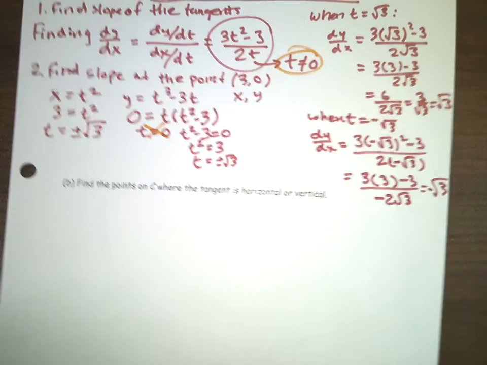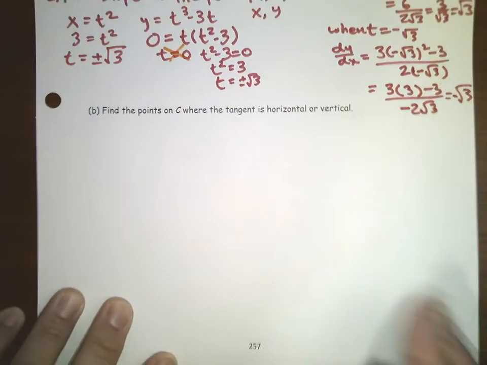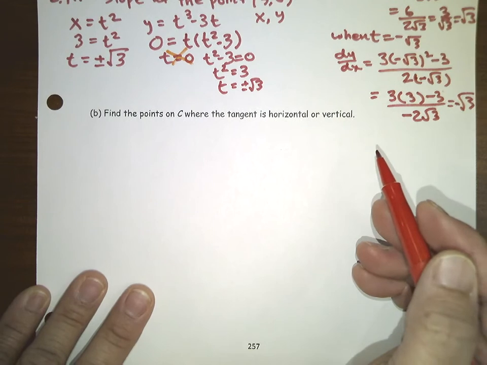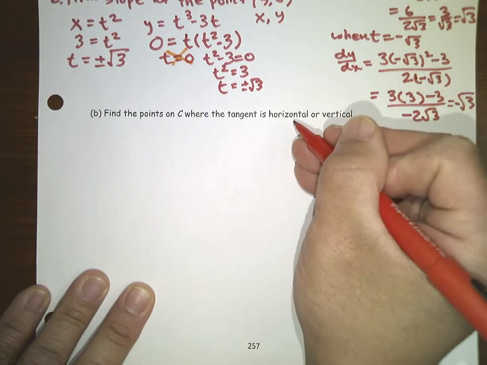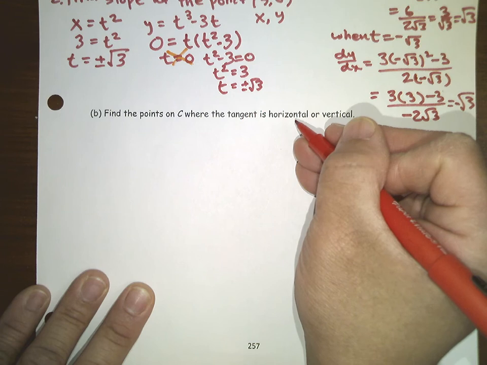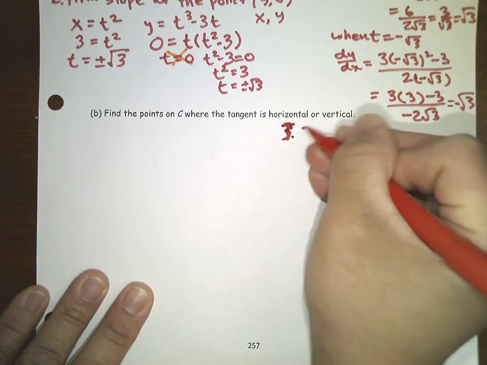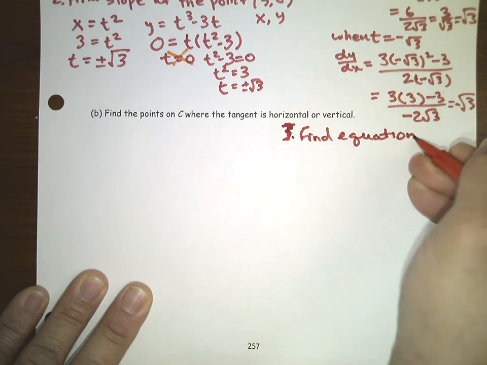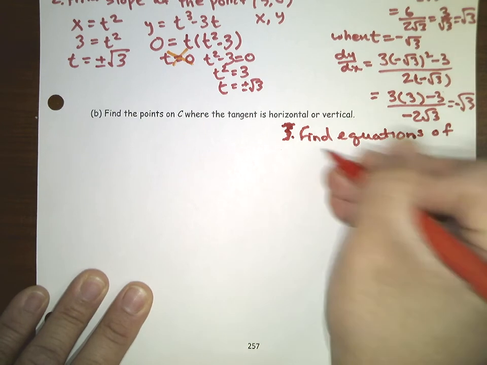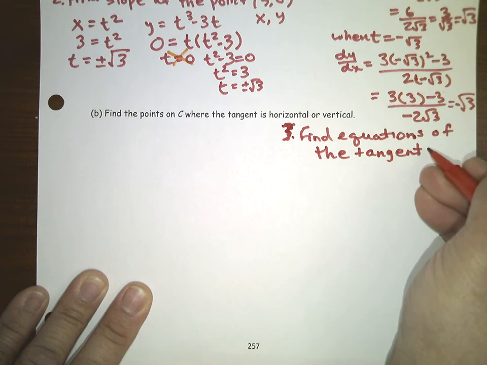All right, so now what do you need to know? You just need to be able to find the tangents now. So let's find the equations of the tangent lines. Now let's do step 3, find the equations of the tangents, or the tangent lines.